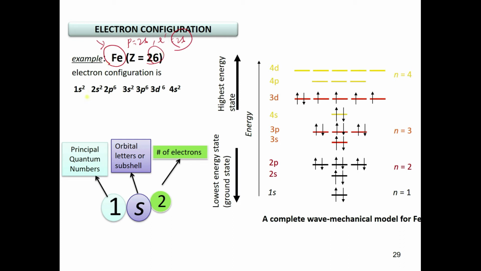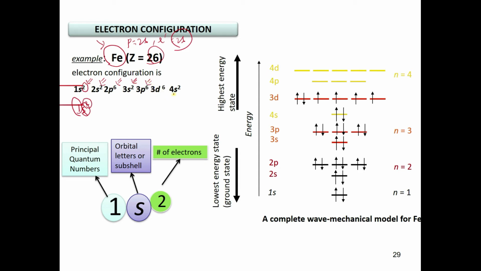From that method of arrangement, you have 1s2, where 1 is the principal quantum number, s is the subshell or orbital quantum number, and 2 is the number of electrons inside the orbital. Then fill up 2s with another 2 electrons, so total 4. Another 6 go into 2p, 2 into 3s, and 6 into 3p.